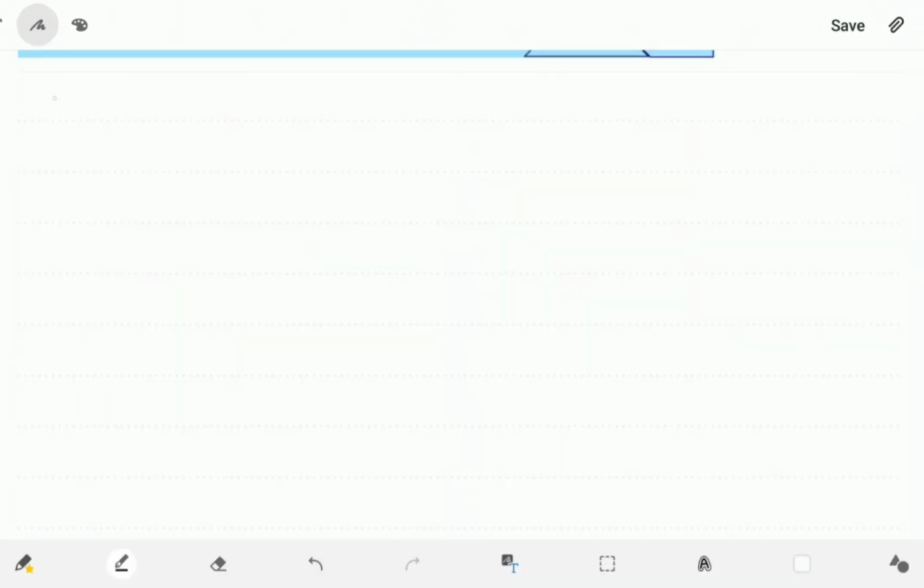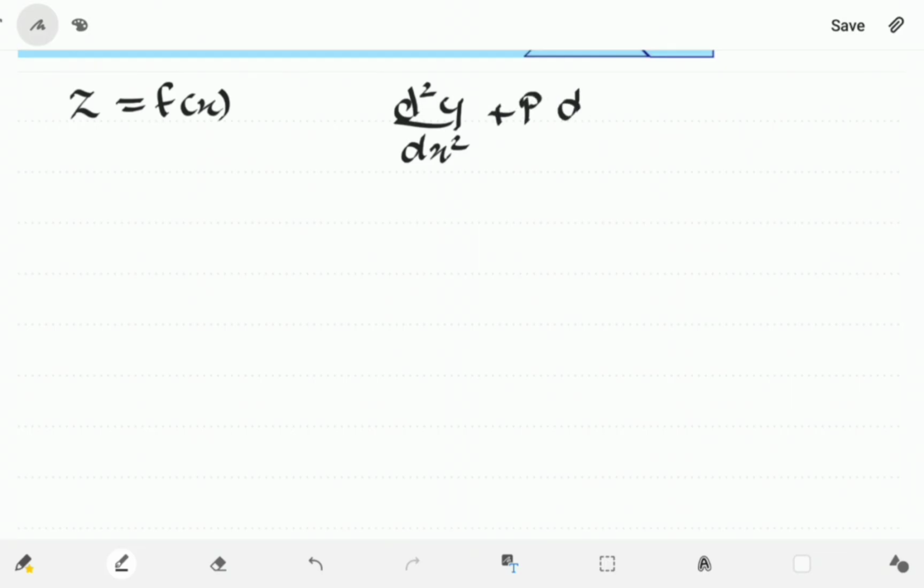To understand the method, let us consider z, which is a function of x. Writing down the general form, we have d squared y by dx squared plus p into dy by dx plus q into y equals r. Now, in order to substitute the independent variable from x to z, we need to rewrite the derivatives of y in terms of z.